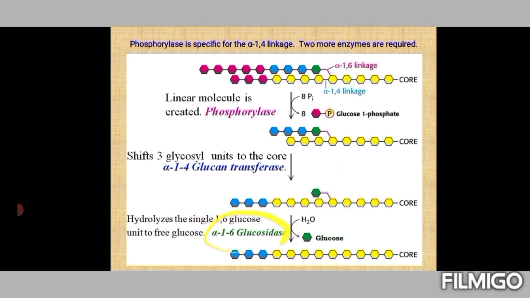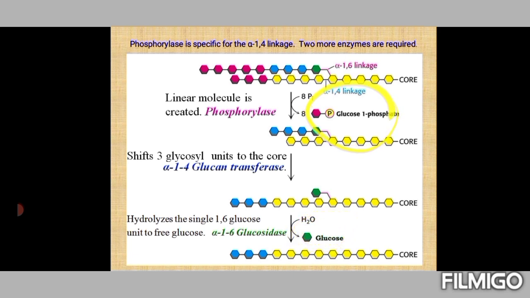So alpha-1,6-glucosidase is specific for cutting the alpha-1,6 side branch unit, and this is not phosphorolytic cleavage, it's hydrolytic cleavage. You can see a water molecule is used, and the product does not have an attached phosphate. And what is the product? It's just a free glucose unit.